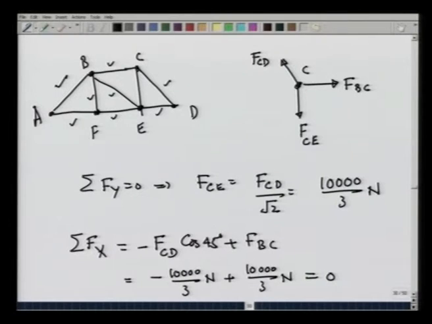Let us now tabulate all the forces that we have calculated.